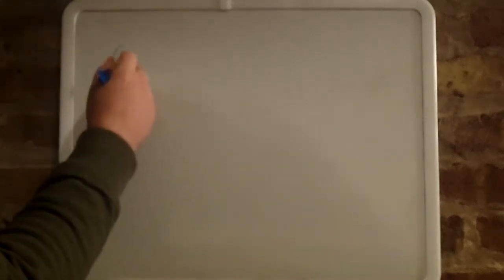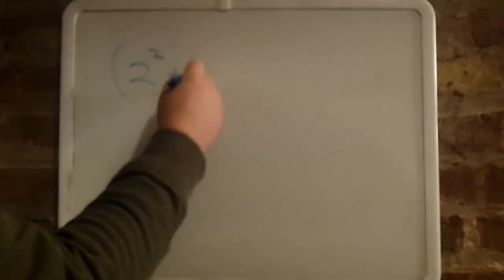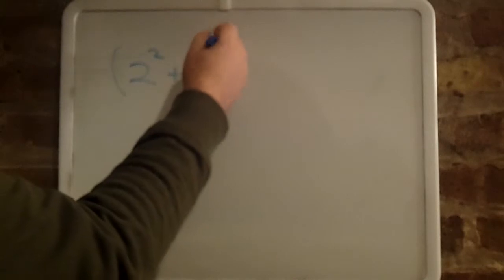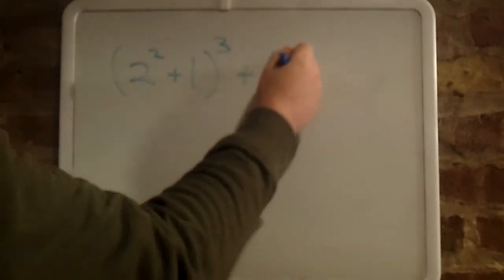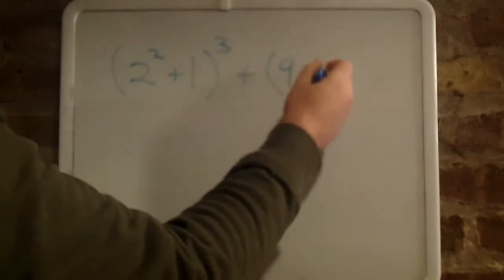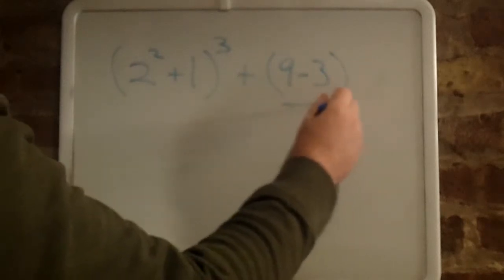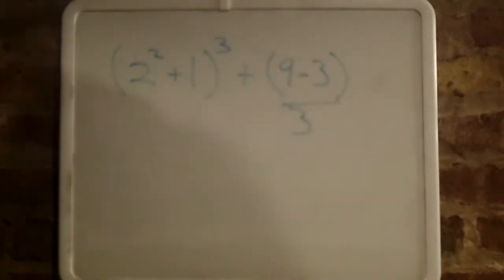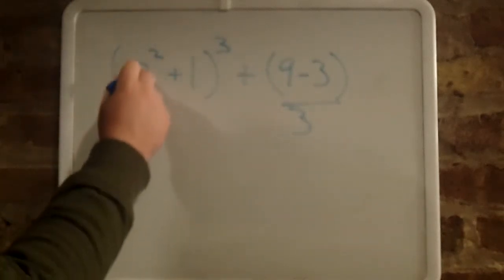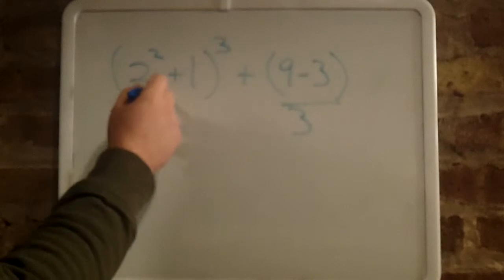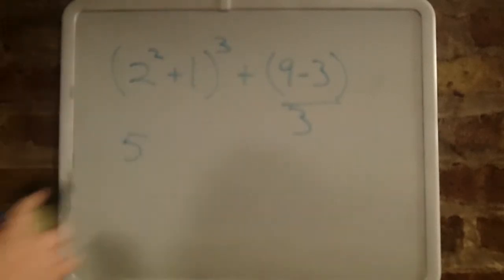So in parentheses again, we'd have 2 squared and 1, that would be 5. 4 plus, well, I don't want to skip too many steps.